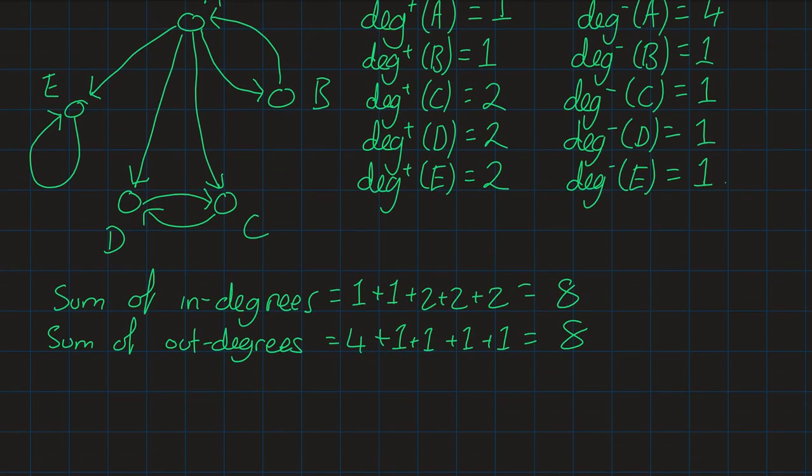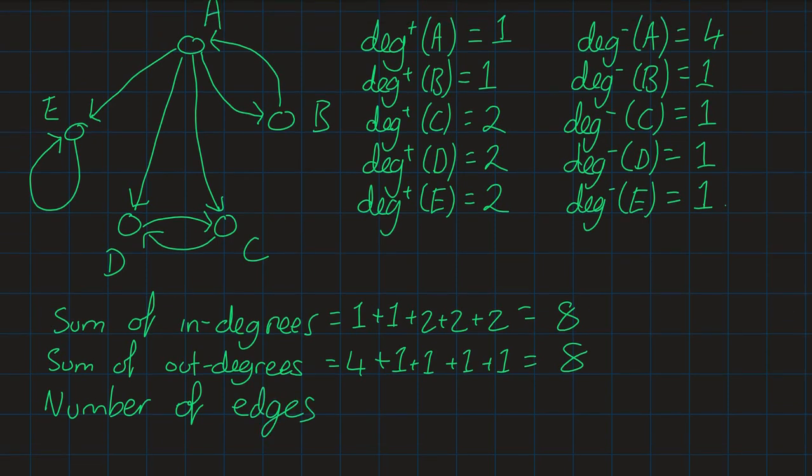And finally, if I look at the number of edges, okay, so that's 1, 2, 3, 4, 5, 6, 7, 8. Yeah, and it's not a coincidence that all of these numbers are the same.